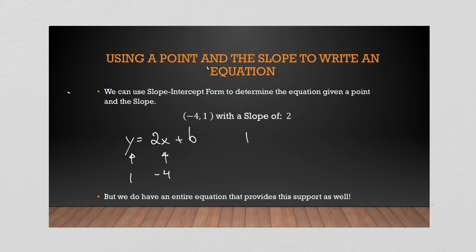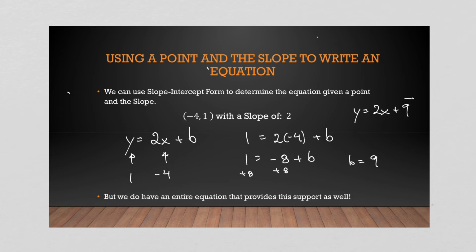So I have 1 equals 2 times negative 4 plus b. So 1 equals negative 8 plus b. Now I'm going to add 8 to both sides, and I get b equals 9, which then tells me that I can complete my equation by saying y equals 2x plus 9.